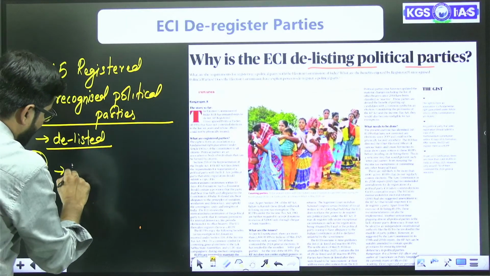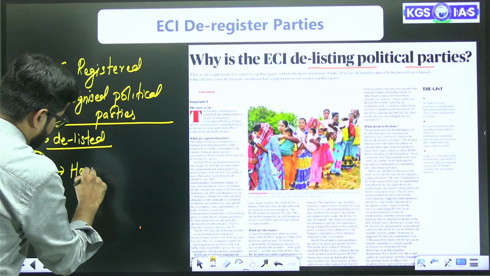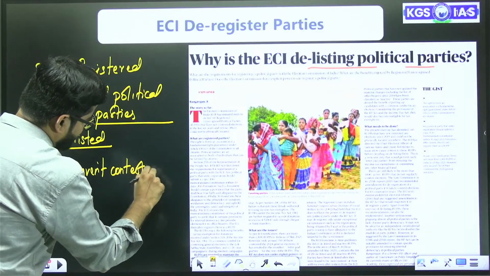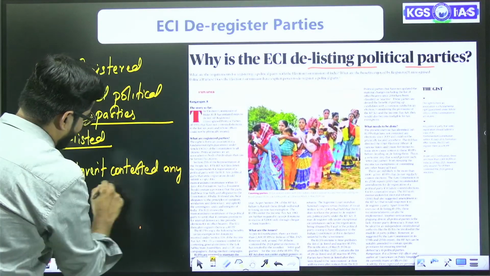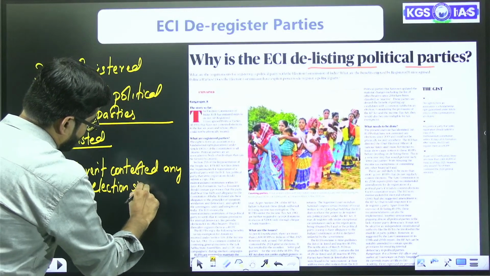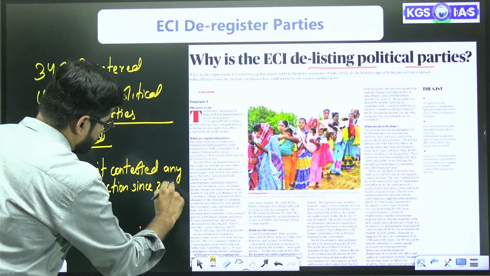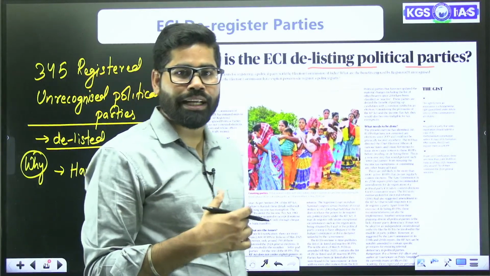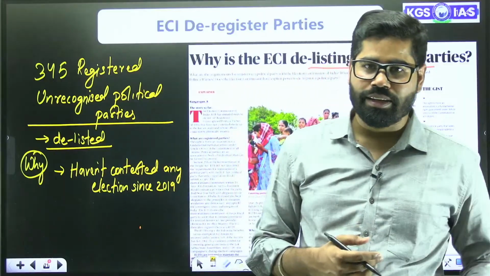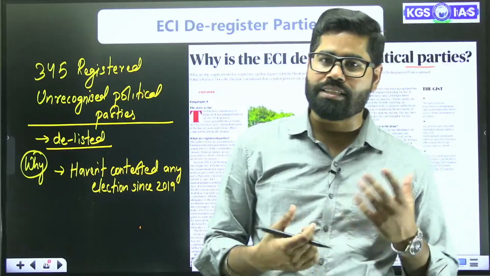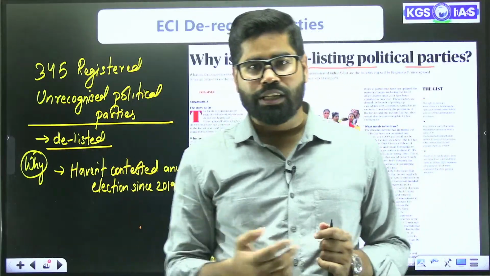They have not contested any election since 2019. So maybe these political parties were more like a New Year resolution. On New Year, some friends decided that let's have a new political party.